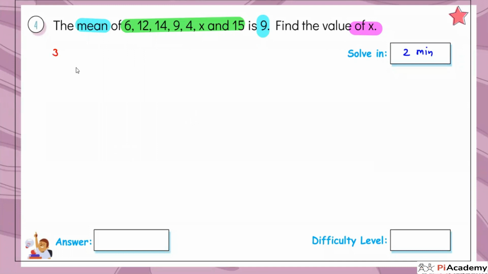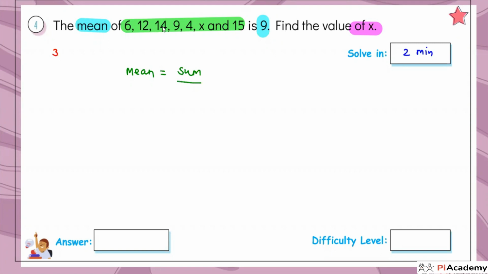Okay, fine. So what is this question? This question is all about mean. You know the formula for mean, right? First of all, these are the numbers, and you have to add them. Mean is equal to what? The numerator will be the sum, and we divide by the count of numbers.